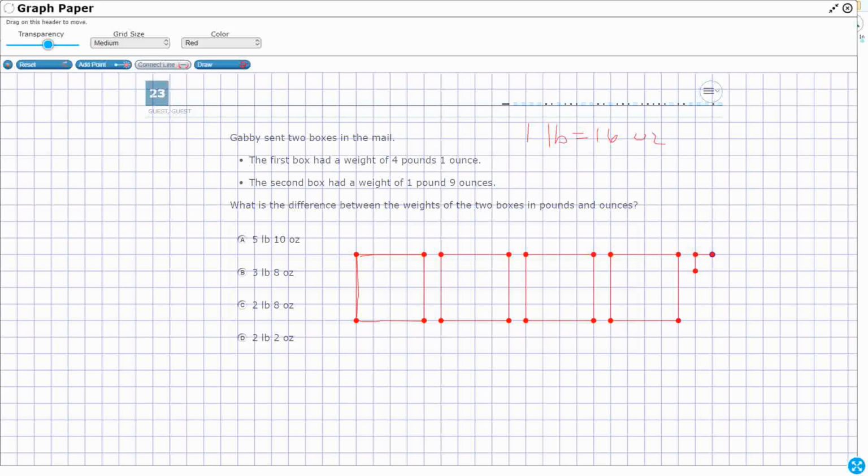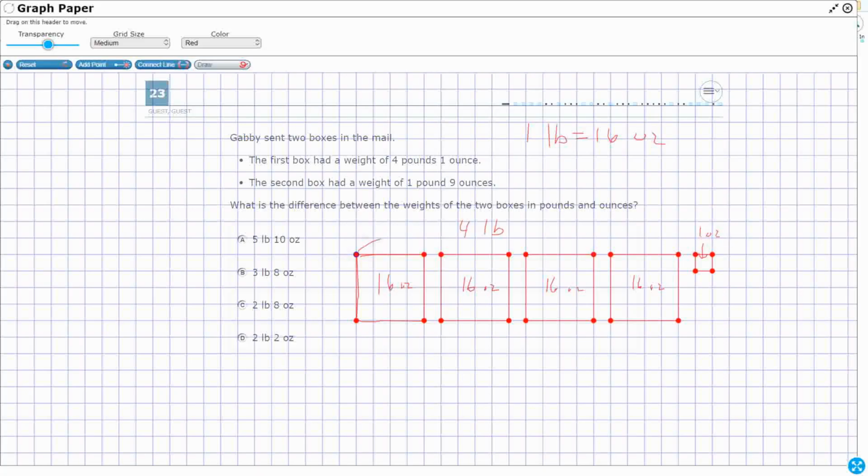Okay, so there we go. Here is my 1 pound, 16 ounces, 16 ounces, 16 ounces, 16 ounces, right? And I've got 1 little ounce right there. All right, so here's my 4 pounds. All right, so here's my picture.